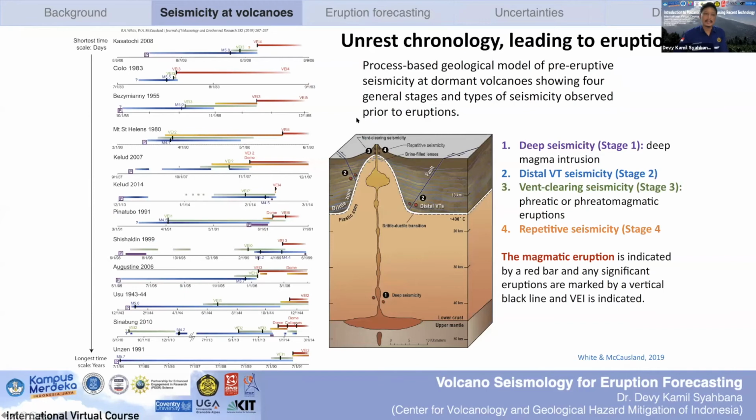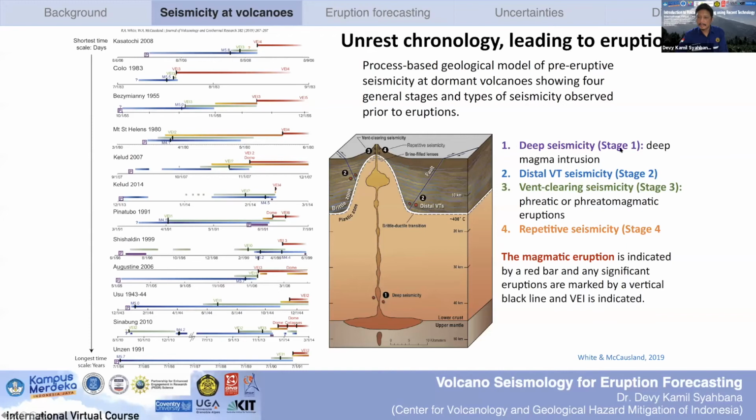So I will go back to this image to show you the chronology leading to eruptions based on this model. As I showed you before, I will put this in this slide.